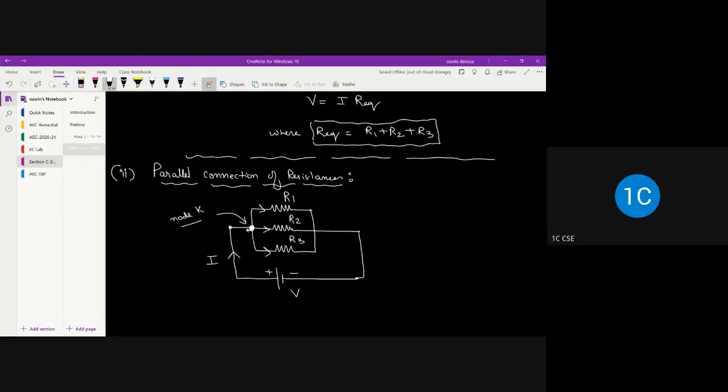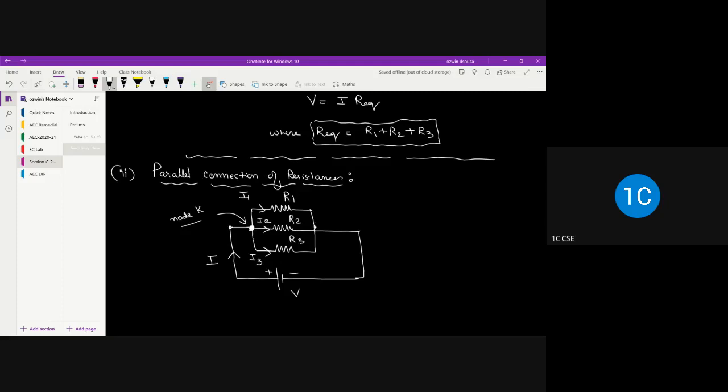So the current gets diverted in the form of I1, I2, and I3 respectively. The main current comes over here. At node K, the main current is going to split into three components, I1, I2, and I3 respectively.